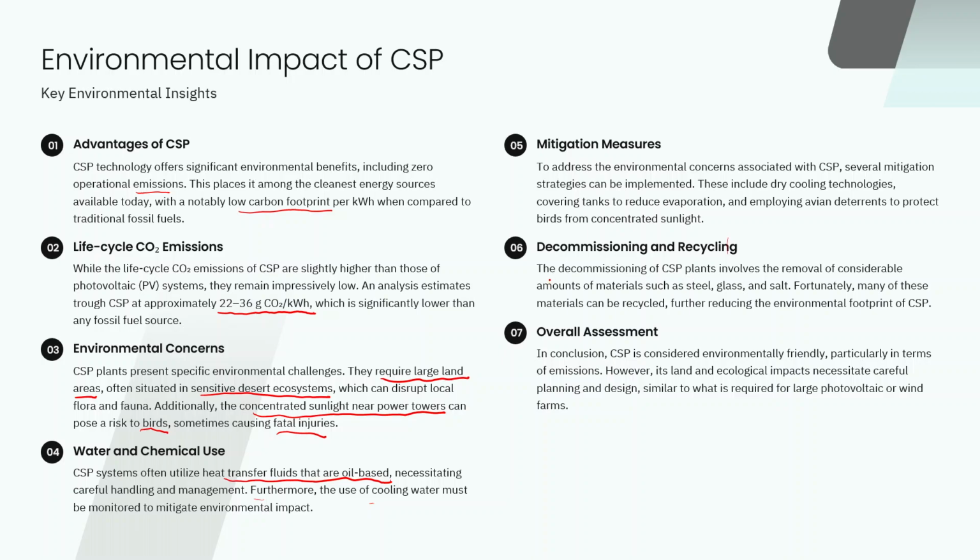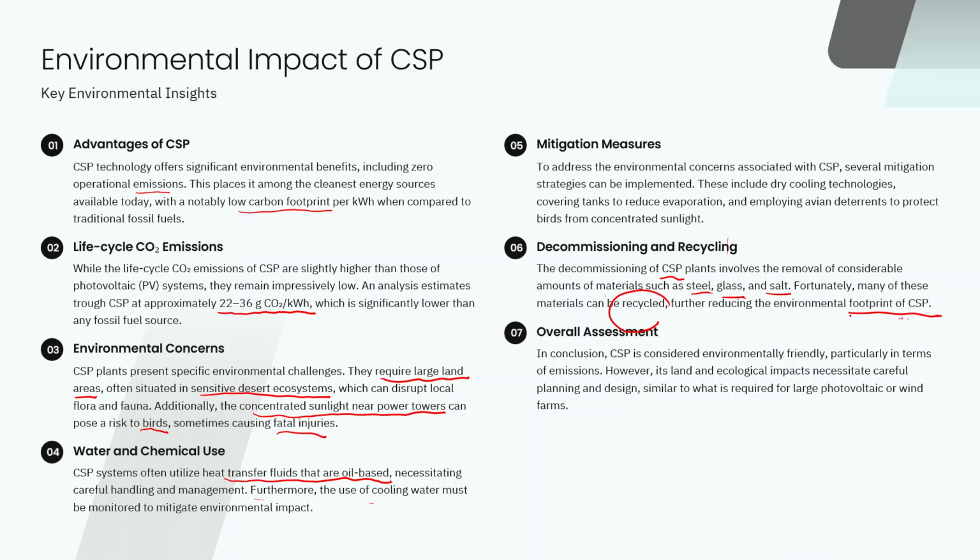At the end of the lifetime, the decommissioning of concentrated solar plants involves the removal of a considerable amount of materials such as steel, glass, and salt, and so on, right? Fortunately these materials can be recycled, the glass, steel, and the salt, further reducing the environmental footprint of the concentrated solar power plant.